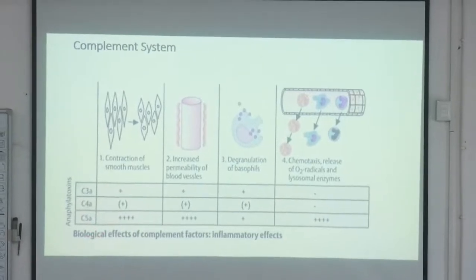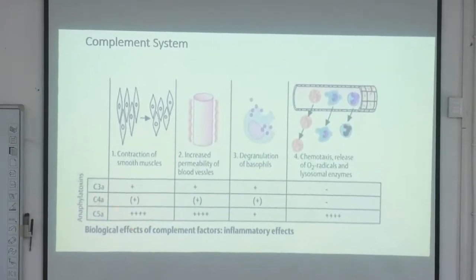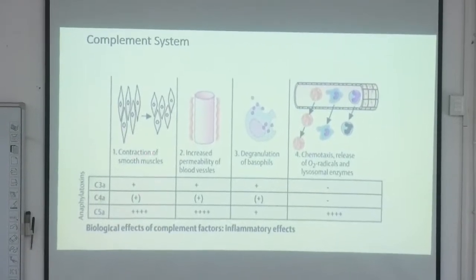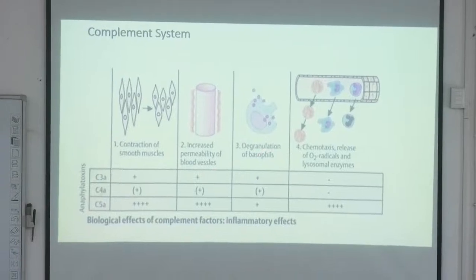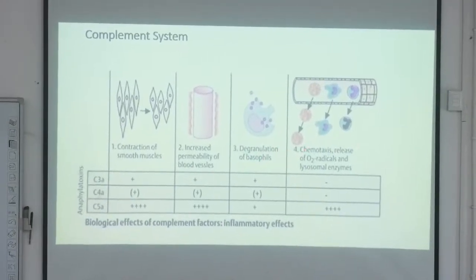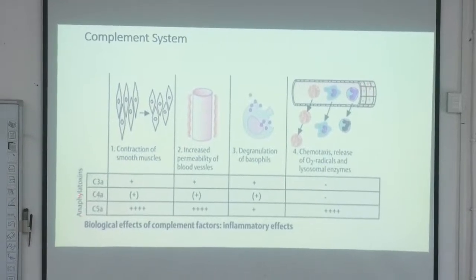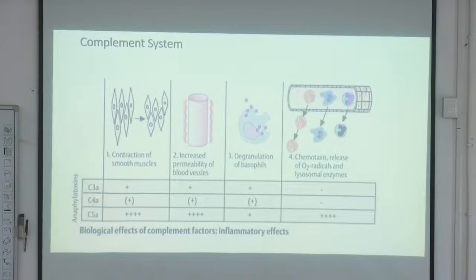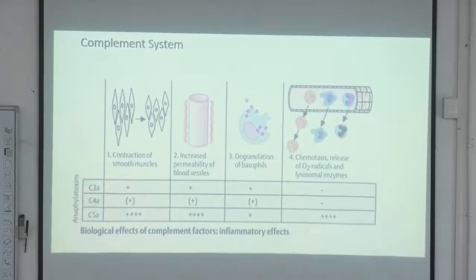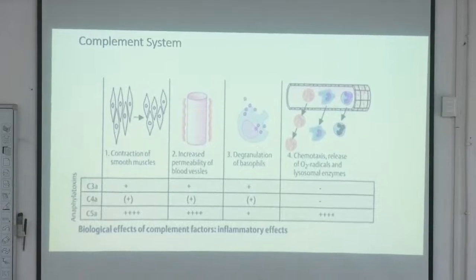C5a is the master anaphylatoxin, and it has the maximum effect of contraction of smooth muscles, increased permeability of blood vessels, degranulation of basophils, and chemotaxis and release of free oxygen radicals and lysosomal enzymes. These are collectively known as anaphylatoxins, as they initiate the process of anaphylaxis.